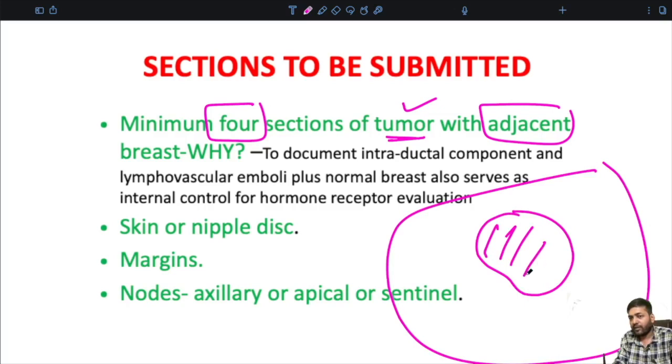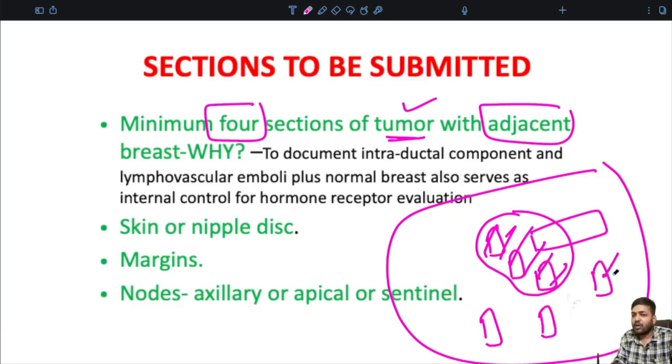Along with this you should give one section like this, 4 sections like this, and you should always sample the nearby normal-looking areas, because the intraductal or precursor component, for example DCIS, if present in the nearby portions, is basically proof that the tumor has arisen in this particular tissue only.